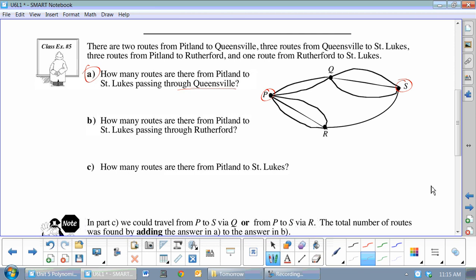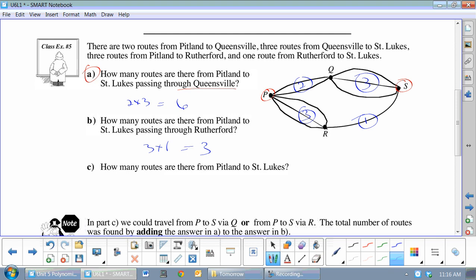So the way you should do these is there's 2 ways here and 3 here. So you just go 2 times 3 equals 6. Okay? So now that I've shown you the way, how would you go from P to S through R? How many ways? 3 times 1, which is how many ways?